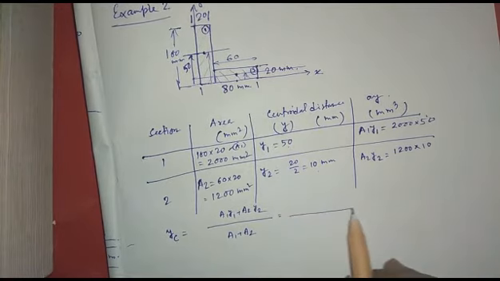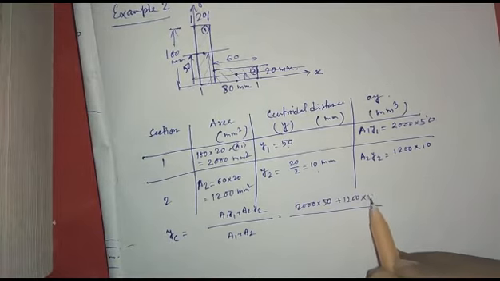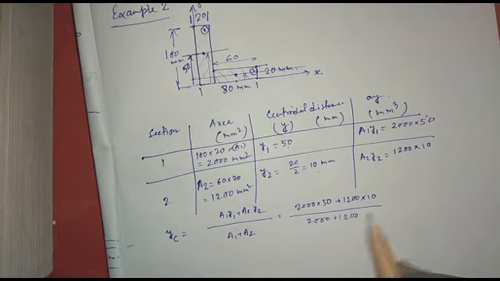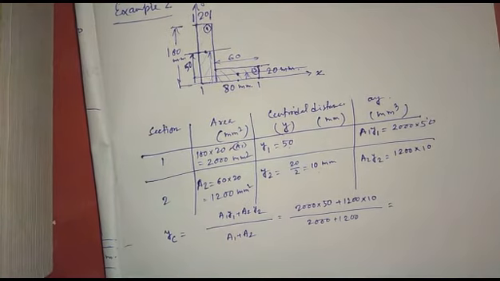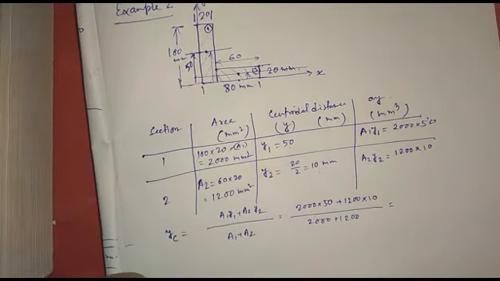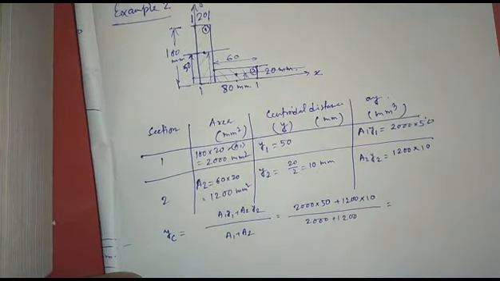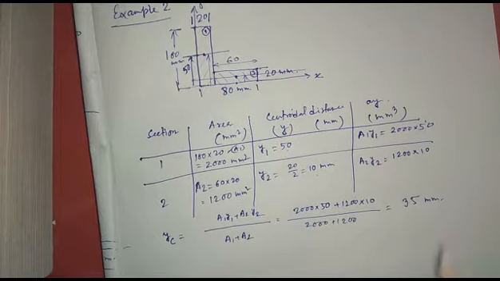So now if you calculate, 2000 into 50 plus 1200 into 10, divided by 2000 plus 1200, you are going to get 35 millimeters.